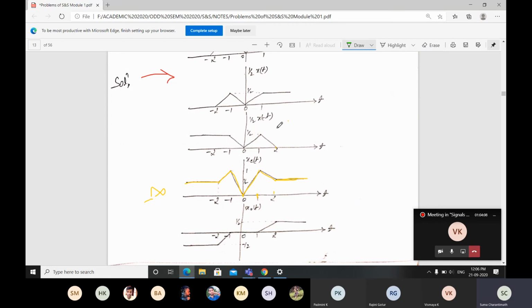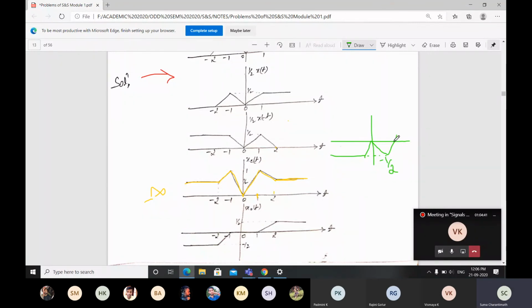Here I will draw minus of the whole signal. What I will be getting, minus of the whole signal, means this positive amplitude is going to change to the negative amplitude. So here the amplitude is going to be taken as minus 1 by 2 signal.